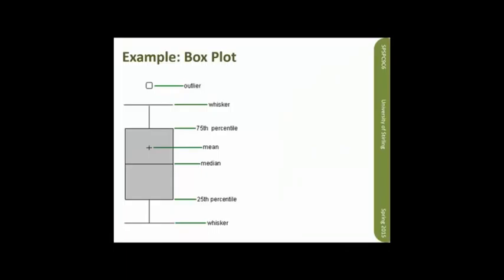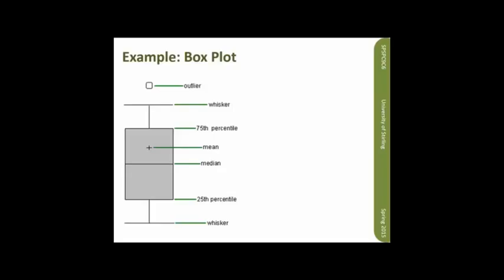So we'll typically have a box plot like this. The shaded box here is the 25th to the 75th percentile, so a quarter of the data is below here, a quarter of the data is above here. So of course this is half the data in here, so that gives you a sense of where the middle half of the data is. It shows you where the central value is, the median, and also where the average, the mean, is as well.